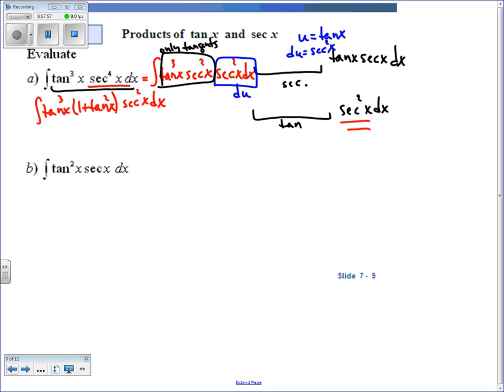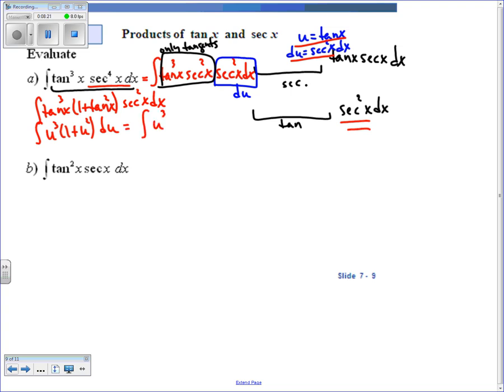Okay, so now I'm ready for my u substitution. u is the tangent of x, so the du is the secant squared. So this is just going to be the integral of u cubed times 1 plus u squared times the du. Okay, so now we just have a simple polynomial. So I'm going to distribute it out since there's no product rule.